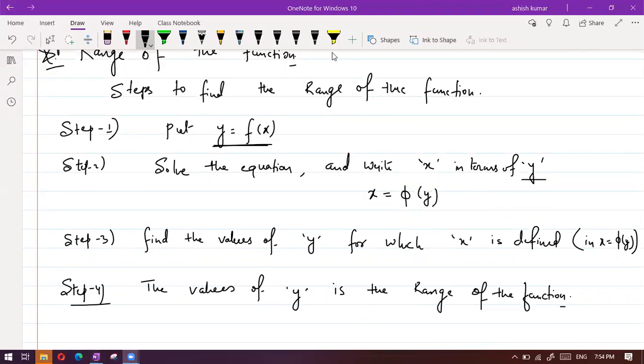Has everyone written these steps for finding the range? Writing, sir. If not, write it down.